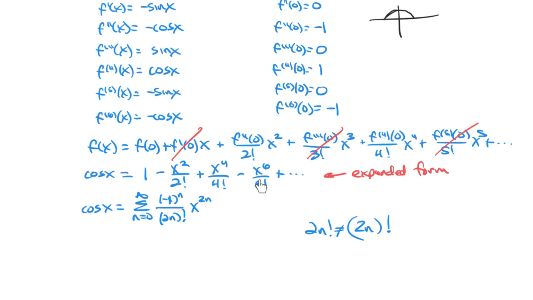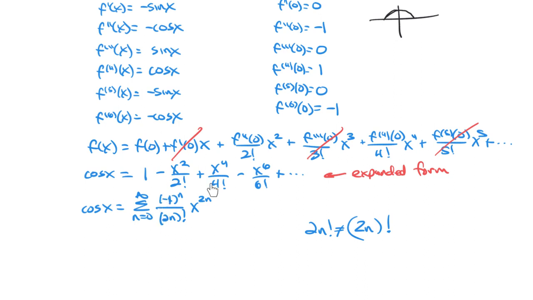So this is equivalent to this, because if I plug in a 0, I'm going to get negative 1 to the 0, which is 1, over 0 factorial, which is 1 by definition, right? So it's 1 over 1. And I'll get x to the 0, which is 1. So there's the 1. Then I let n be 1. Plug in a 1 here. I'm going to get a minus 1 over 2 factorial, and then x squared, right?